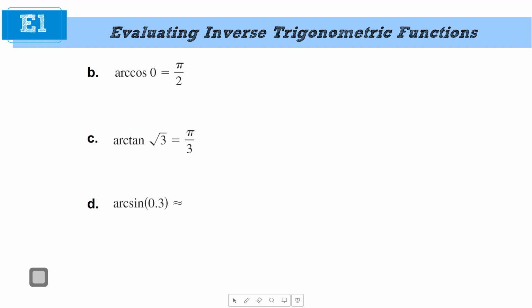Arc sine, the same thing as the inverse sine, which is above the sine button, of 0.3 tells me that you get a value of 0.30469.